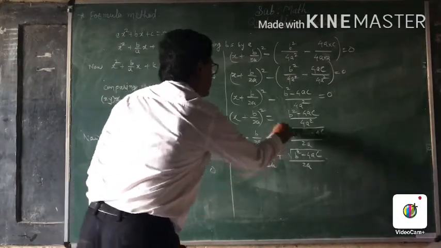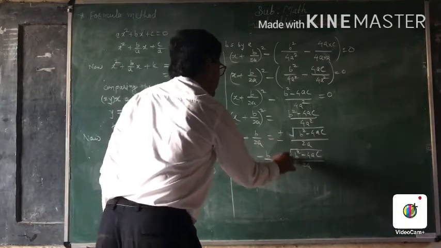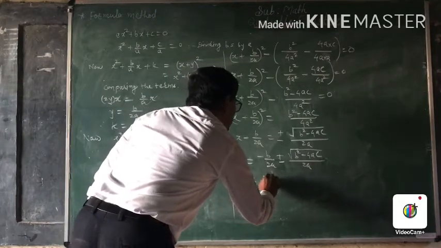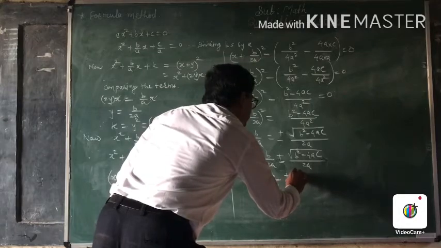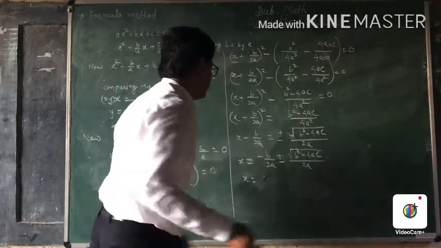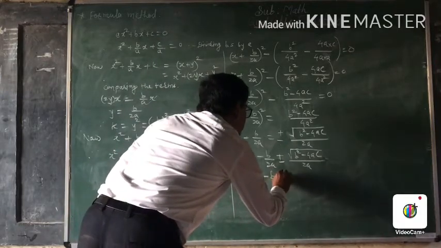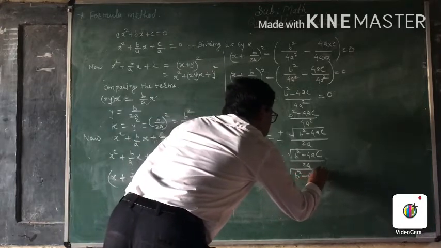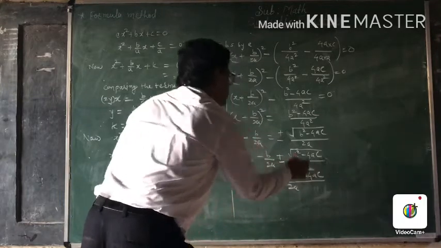Here I have taken plus minus for the two values. x is equal to minus b upon 2a plus minus root. Here the denominators are the same. Therefore, minus b plus minus root b square minus 4ac complete divided by 2a, because the denominator is the same.